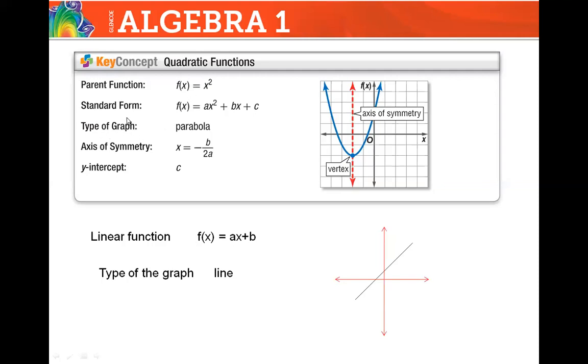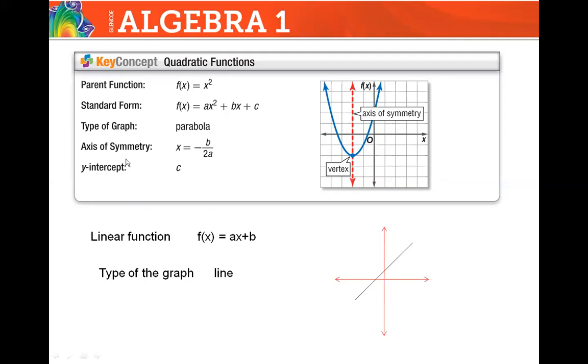The standard form of the quadratic function is ax squared plus bx plus c, while the standard form of the linear function is ax plus b. If you graph the quadratic function, you get a parabola, but if you graph the linear function, you get a line.